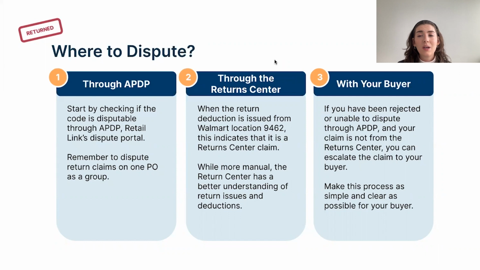And again, make this process as easy, simple, and clear for your buyer as possible, because they have a lot of things going on, and I can bet returns are not at the top of their mind. So really button that up and make sure you go through every other step before working with your buyer, just to make it easier for them and make it easier for you.